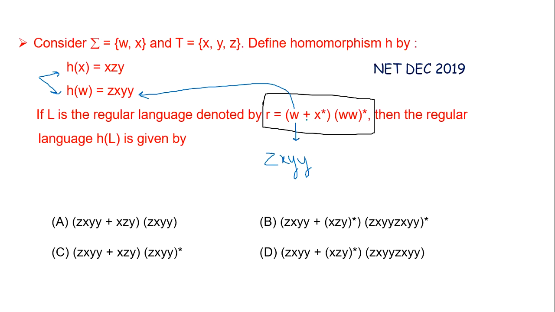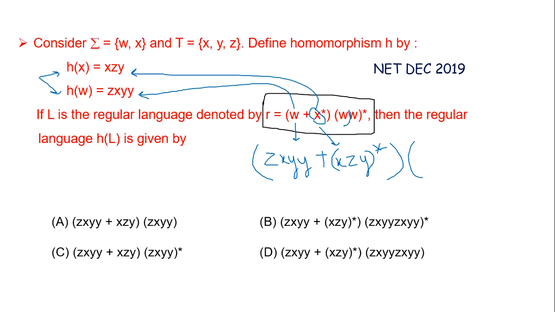Done. Then we have the plus symbol, just put it. Next we have x star. Now we will replace this x with the homomorphic function of x, that is our first function, h of x equals xzy. So we will replace this x with xzy, then the star of this xzy. Done. So we will put it inside the bracket. Next we have w.